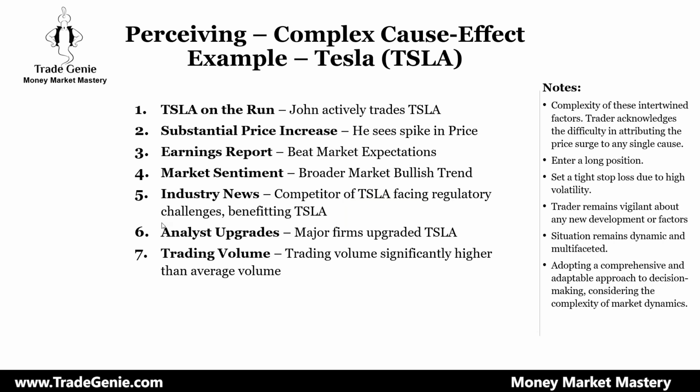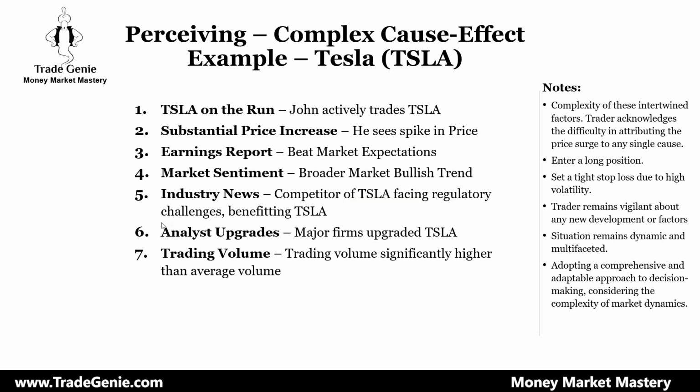He also comes to know the overall market is bullish, and he reads somewhere that a competitor of Tesla is facing some regulatory challenges, so it's affecting Tesla positively. Then he comes to know that analysts upgraded Tesla. Major firms upgraded Tesla. So that's positive.